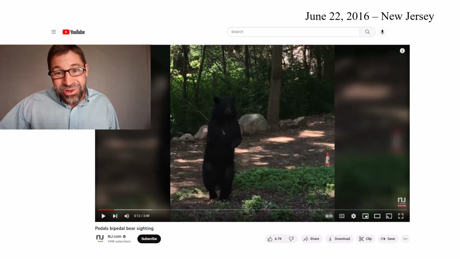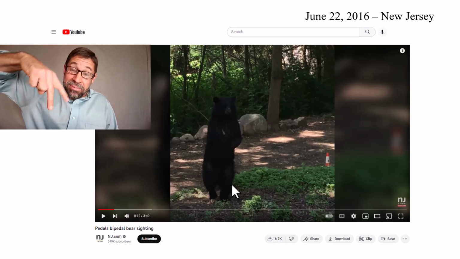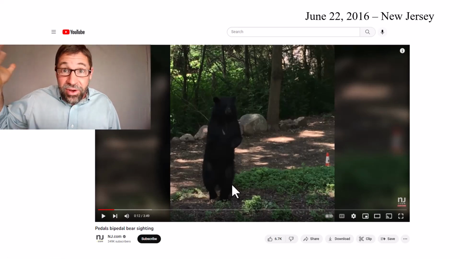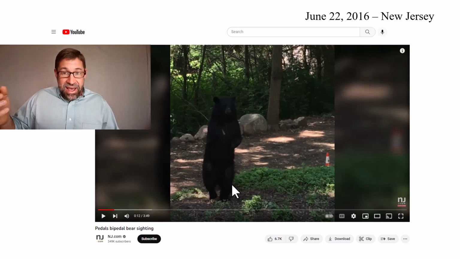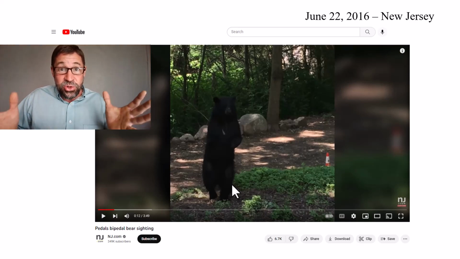So I'd like to introduce Petals. Petals is a bipedal black bear. Petals has adapted to either an injury or a deformity, a birth defect, and walks around on two legs. So I start here for two reasons.